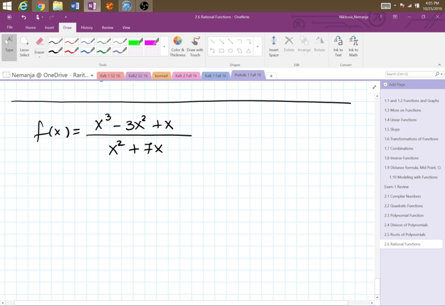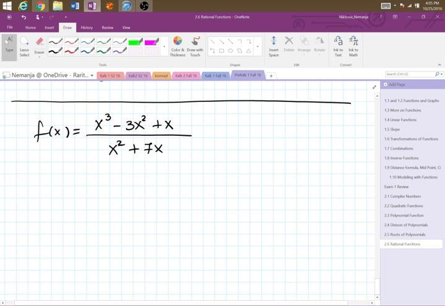You can factor out x in the numerator and denominator. My question is, does it change anything for your horizontal asymptote if you were to do it and cancel? And the answer is no, it doesn't. Cancellation does not impact your horizontal asymptotes because you always cancel the same amount in the numerator and denominator.